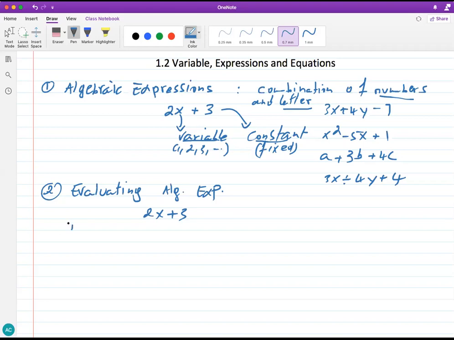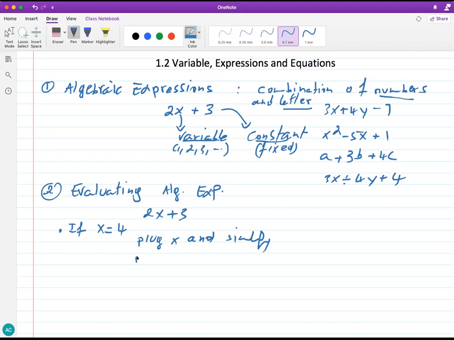So let's say if x is 4, so to evaluate this means we take the value of x, we plug it into this, and we simplify. So plug in x and simplify.